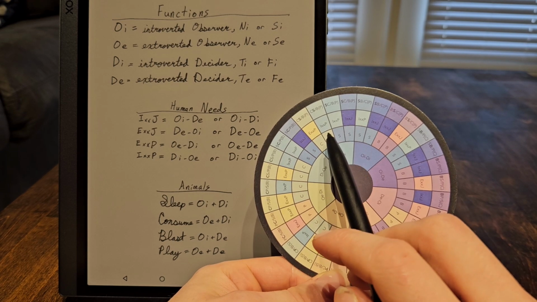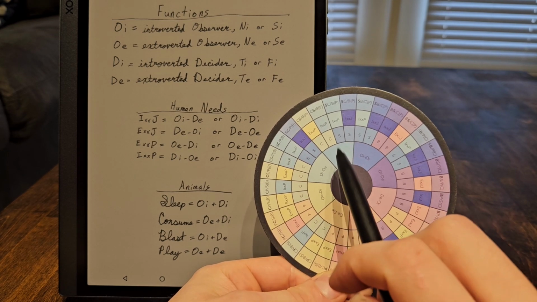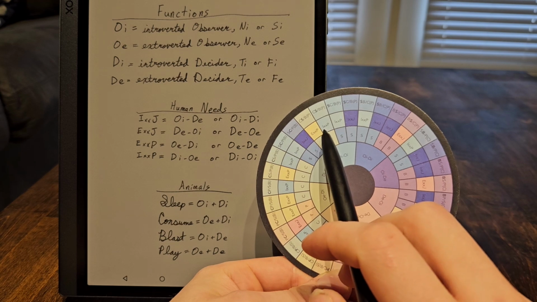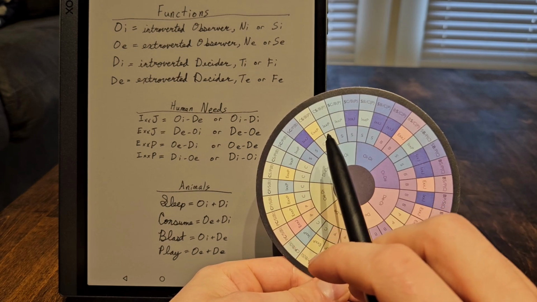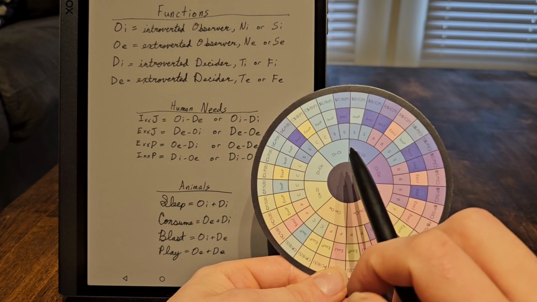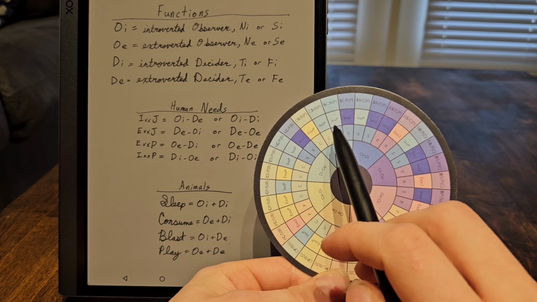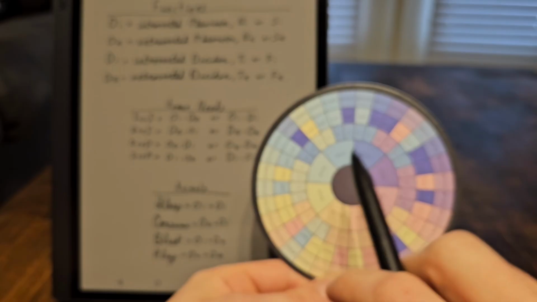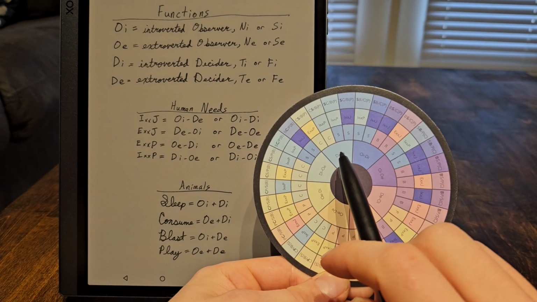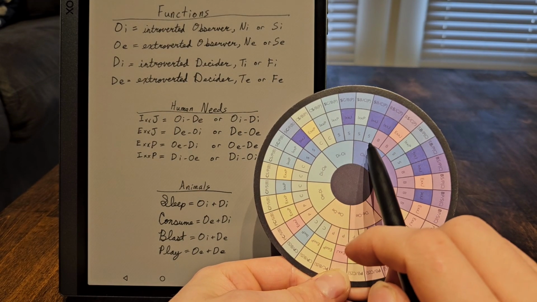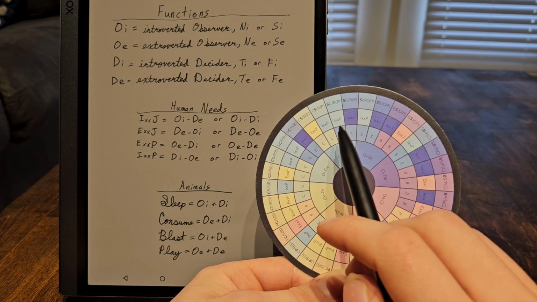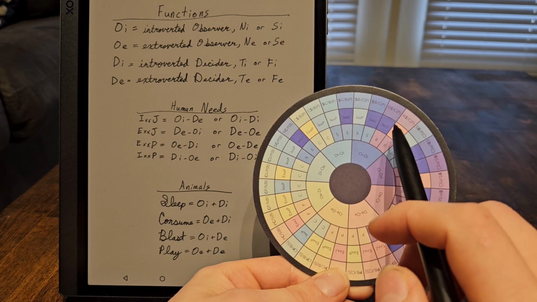So we can start to see that function activation and the human needs overlap a little bit, because sleep is kind of an IJ or an IP thing. We can see that all of the types that have the strongest activation of the sleep animal are either IPs or IJs, right?